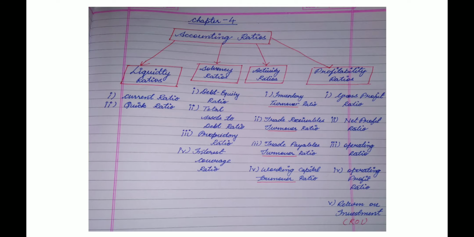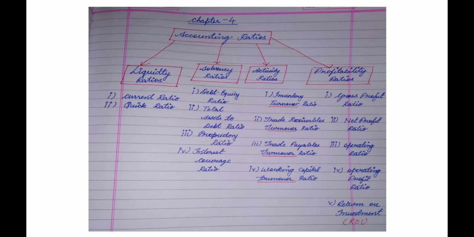Next is solvency ratio, which deals in long-term debts, or long-term solvency ratio. So it analyzes the ability of the firm to meet its long-term liability at the time of maturity.